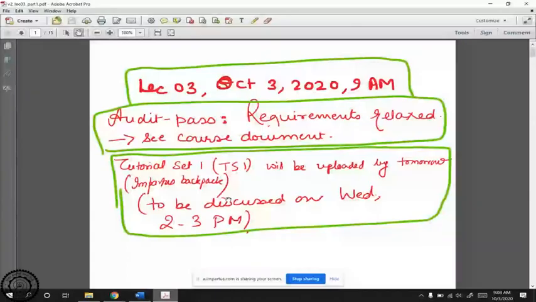And my plan is that we will discuss your questions or your doubts or whatever help you need solving those tutorial set problems on Wednesday 2 to 3 p.m. And as I said before, I expect you to make attempts solving those problems before coming to the tutorial, rather than expecting me to solve everything from start to beginning. I will not do that.